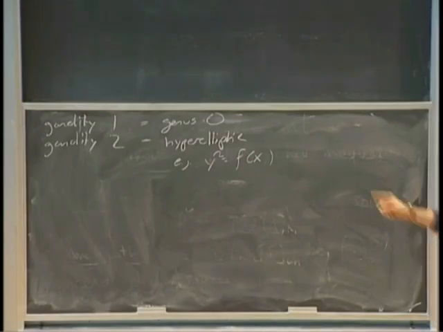On the other hand, this curve does have lots of points over quadratic fields, because I can plug in any old rational number for x that I want and then take its square root, and I'm going to get a point over a quadratic field.